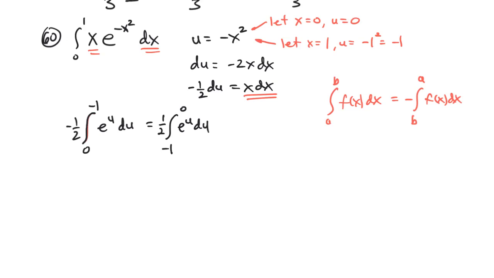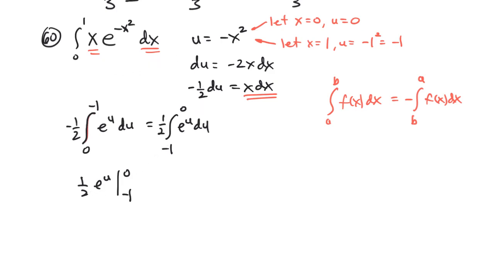So then we integrate, and this one is an easy integral, right? So you integrate, and we're going to get 1/2 e to the u from negative 1 to 0. And remember the thing here, if we change the limits of integration, we don't go back to x's. There's no reason to.